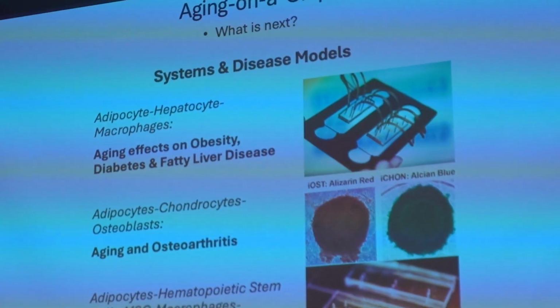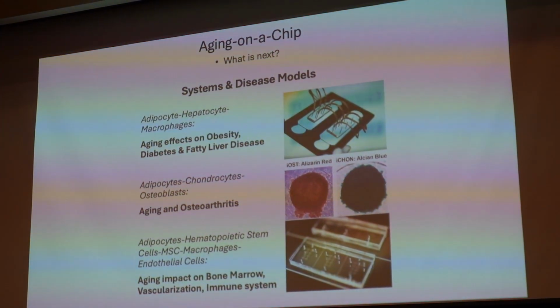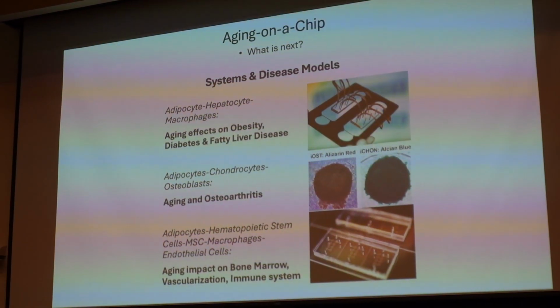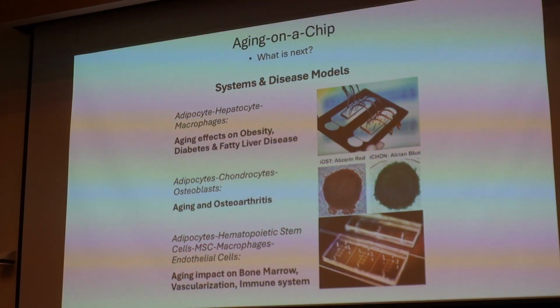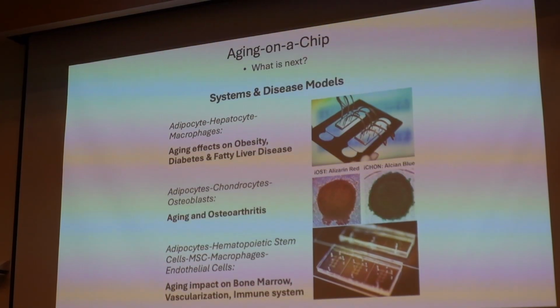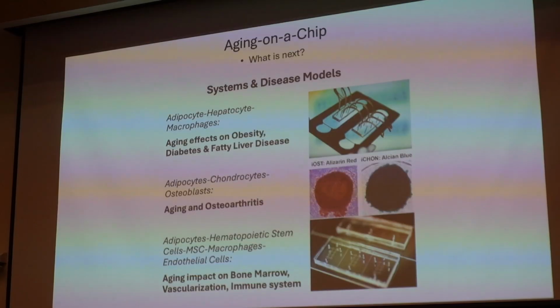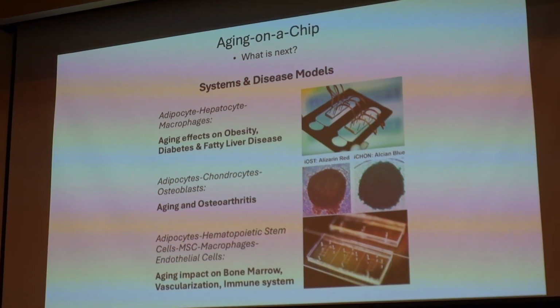So we have more systems, besides the fat and liver, in the works that are already running in the lab. This includes our systems for obesity, diabetes, and fatty liver disease, to which we have now added vasculature. We have a knee joint chip now that has cartilage, bone, and adipocytes to look at osteoarthritis and the impact of aging and anti-aging strategies.